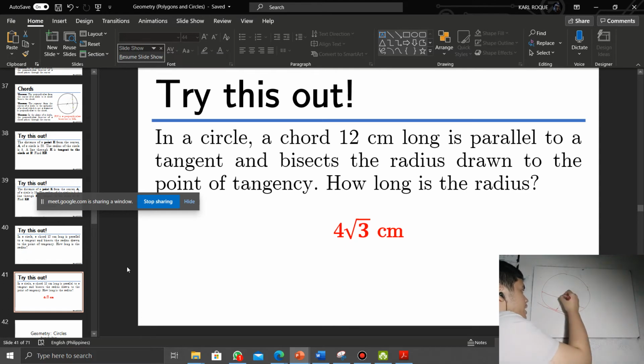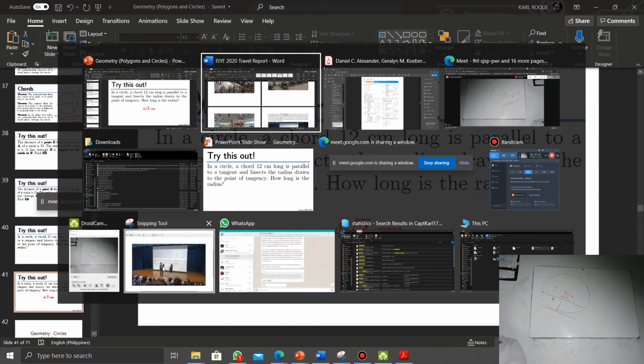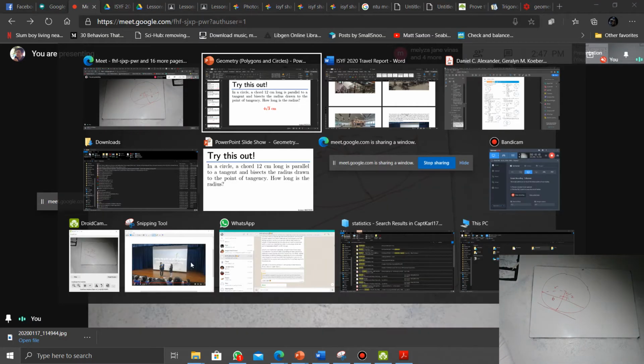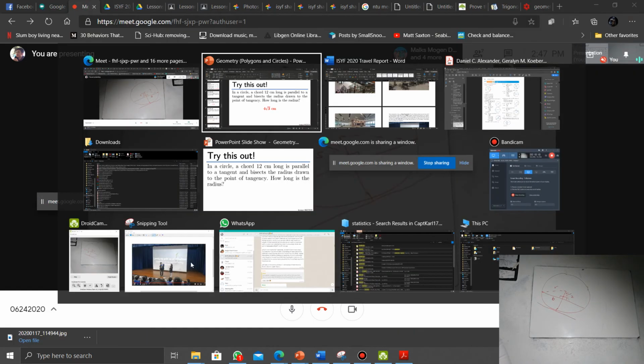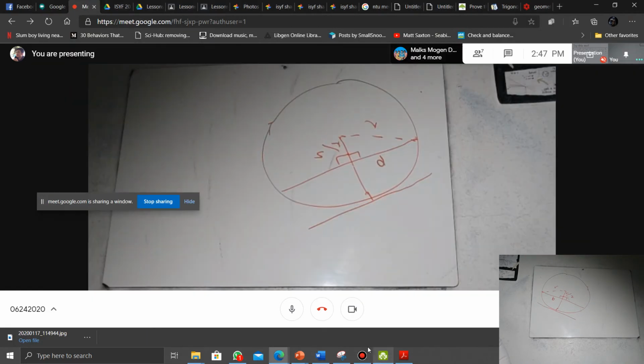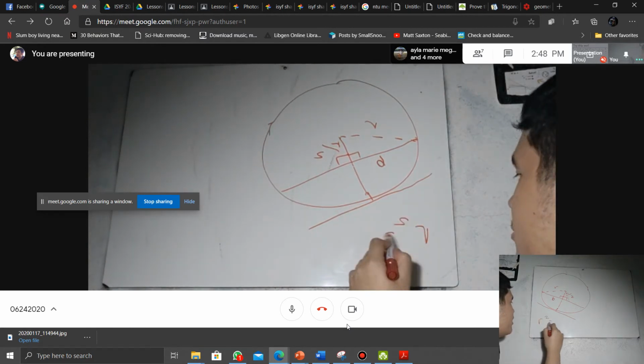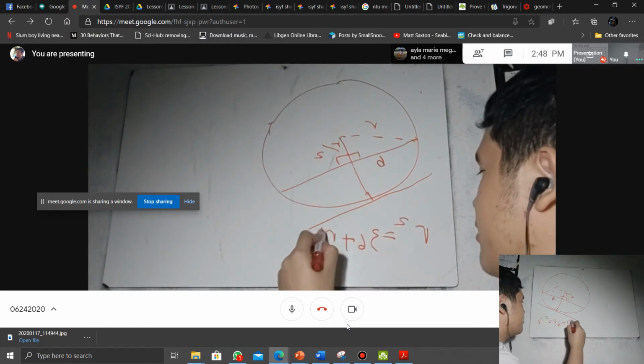Bisect. So, alam natin agad na right triangle siya. So, how long is the radius? 6 ito. R over 2. R. By Pythagorean theorem, solving gives an answer na r squared equals 36 plus r squared over 4.